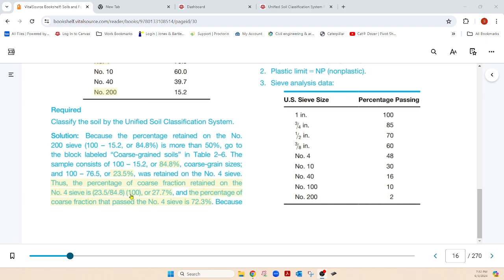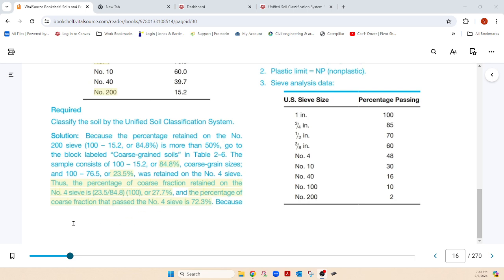When you divide 23.5 by 84.8, you get 0.277, and you multiply that times 100. So you got 27.7%.